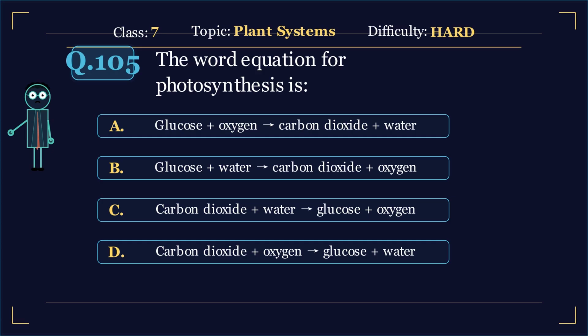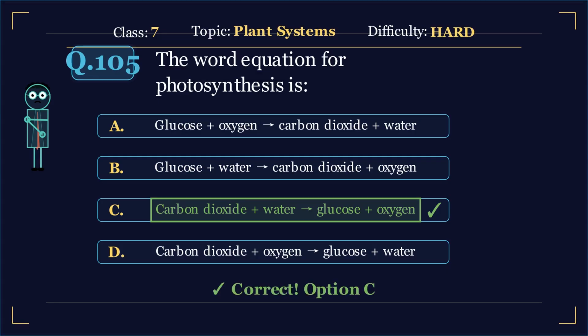Option D, carbon dioxide plus oxygen, arrow, glucose plus water. The correct answer is option C.